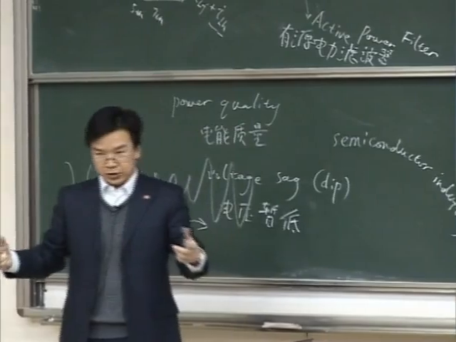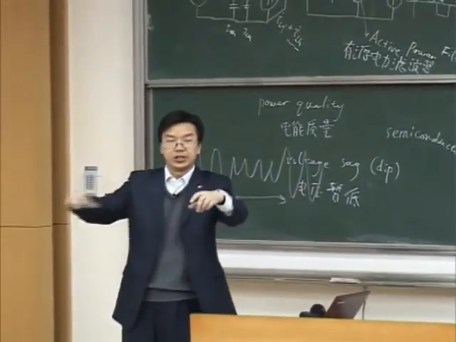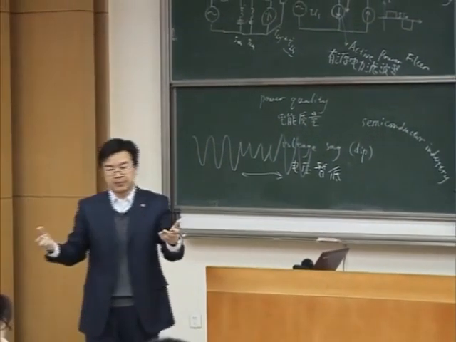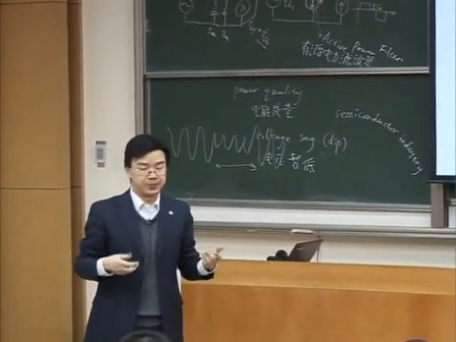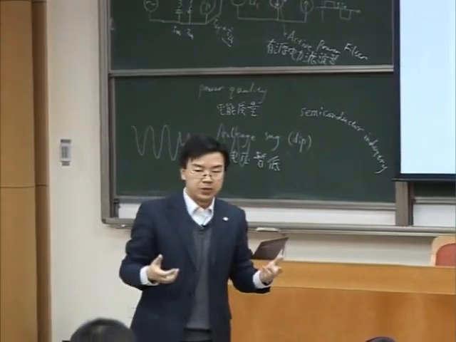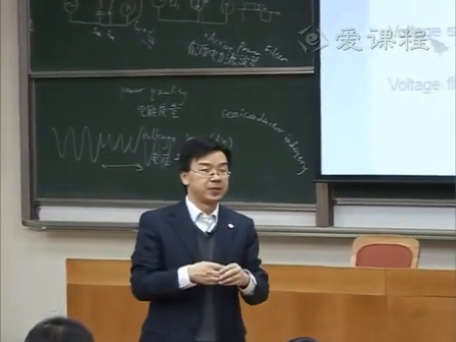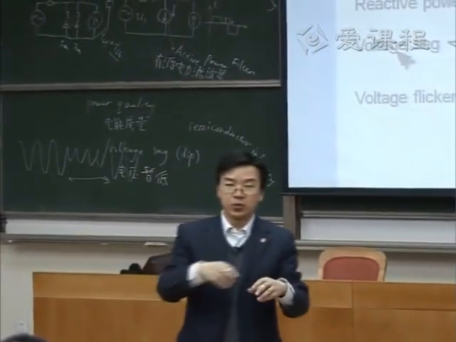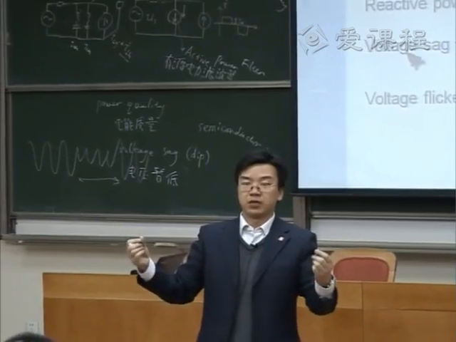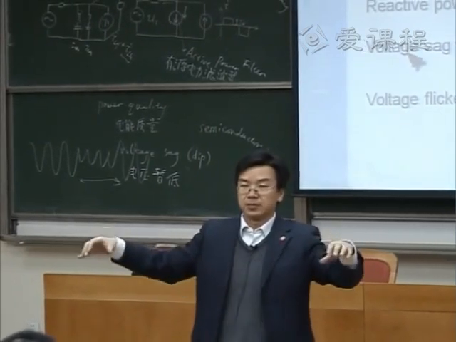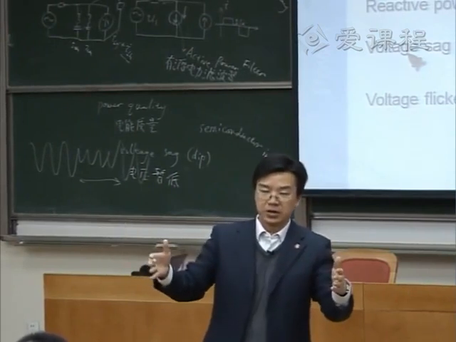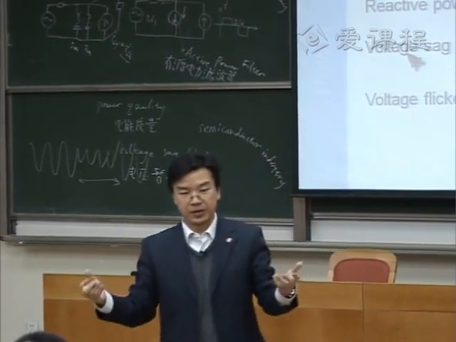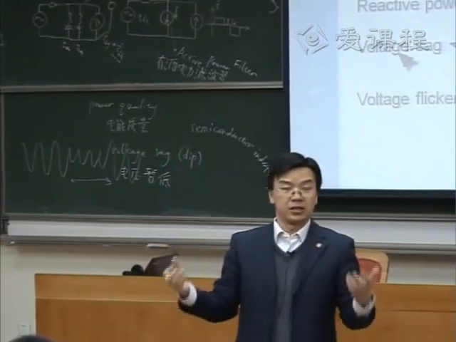In the semiconductor industry, you always have this continuous production line, especially the production line to produce silicon, to make pure silicon or to make the silicon chips. This is a continuous production line. Once you lose power for a short period of time, then the whole production line will be shut off. And all this material along this production line will be wasted. Okay, that is a lot of money.